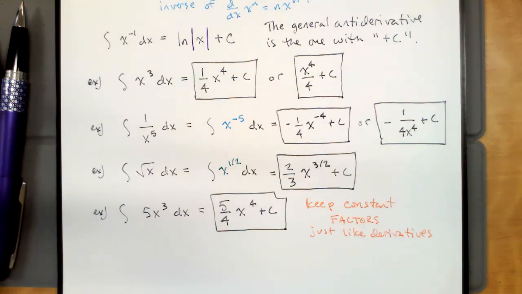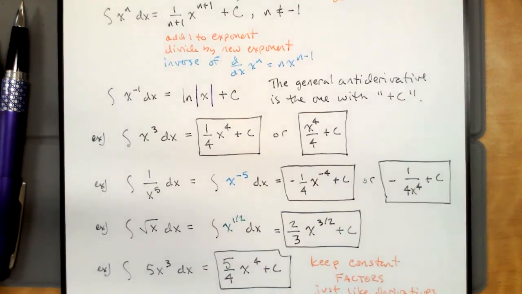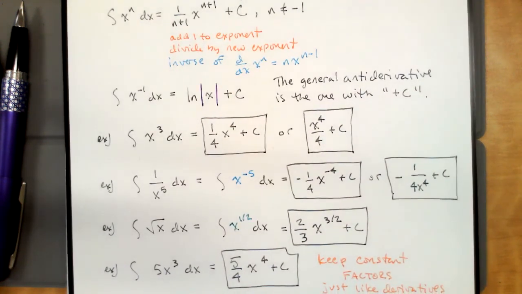Question? So when we have x to the 1/2 power, our process is to add 1 to the exponent and then divide by the new exponent. So the 1/2 plus 1 is 1.5, or 3/2.